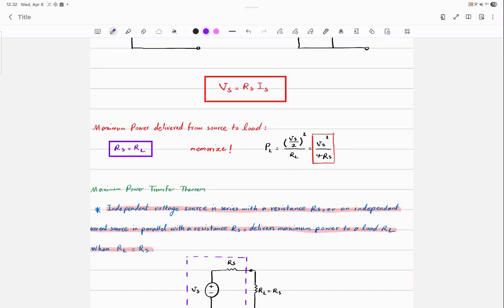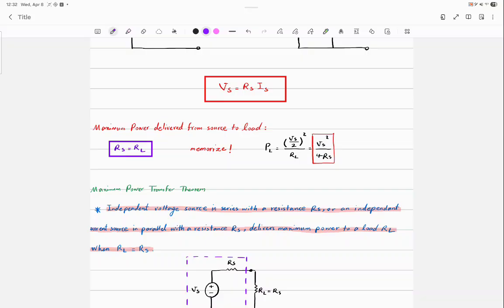Now, the questions that involve maximum power transfer usually require you to do source transformation, because otherwise you won't be able to use the theorem, right? Remember, the maximum power transfer theorem states that if you have only one voltage source in series with a resistor, and then some RL, then you are allowed to use it.